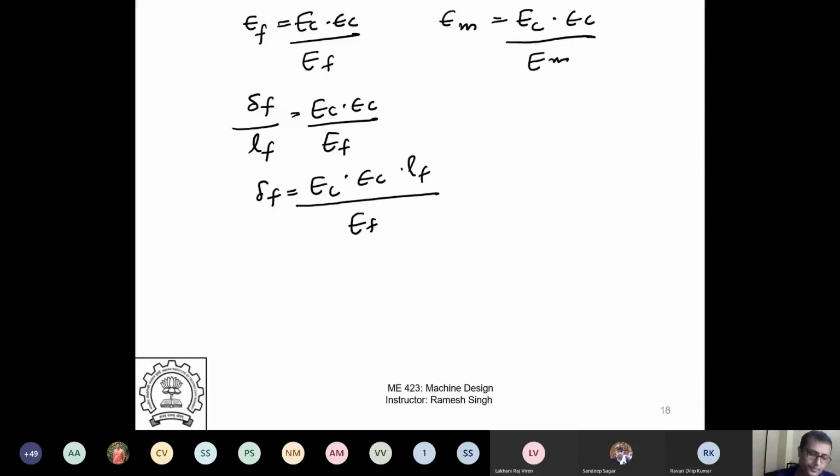Delta M is equal to EC epsilon C LM divided by EM. Right? And I know delta F plus delta M, because the deformation in fiber and deformation in matrix should sum up to be the deformation of the composite, equal to delta C. Just give me a minute.